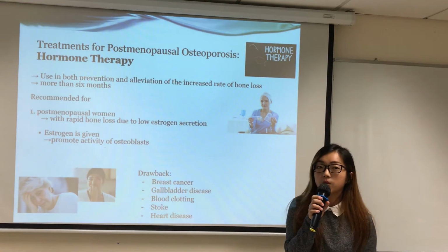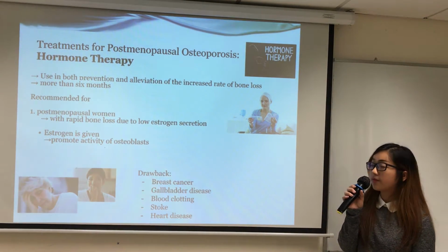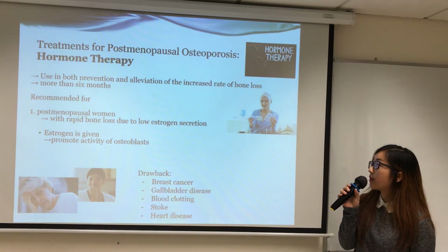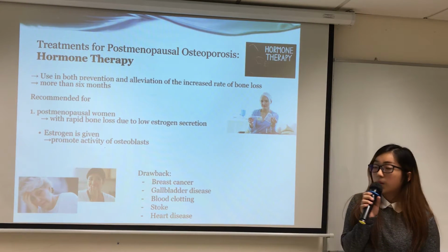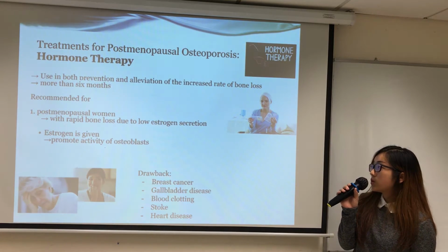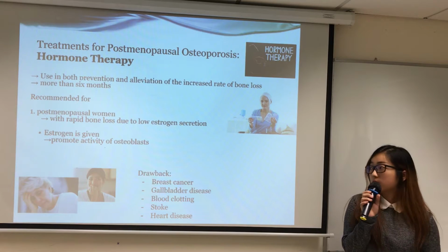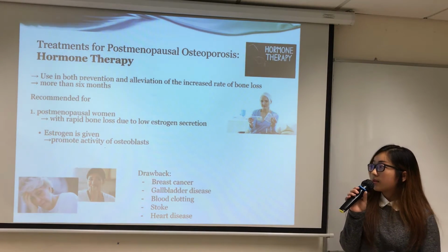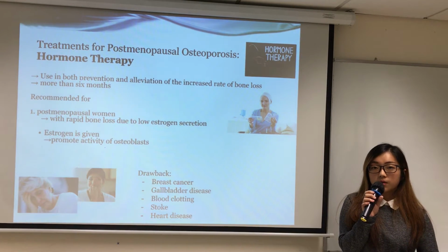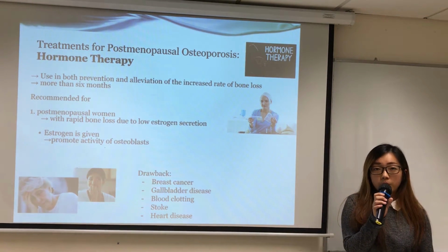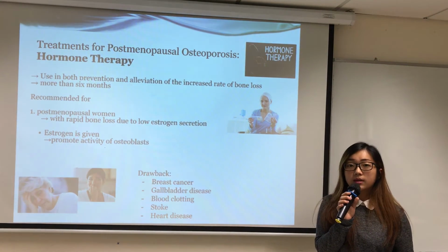So for the treatment of post-menopause osteoporosis, hormone therapy can be used to prevent and slow the increase of bone loss. It's recommended for post-menopause women with rapid bone loss due to the lack of estrogen. Estrogen is given to promote the activities of osteoblasts, so the osteoblasts will promote and maintain bone formation. However, the therapy should not be taken for more than 6 months.